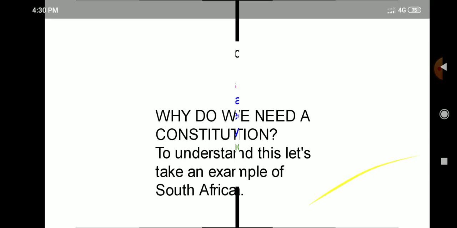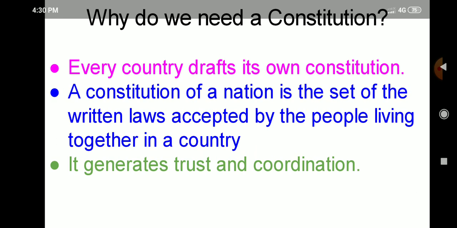So from this, we know this point. Let's see. Why do we need a constitution? We have a clear idea of this with the help of the story of South Africa. And from that, we know every country drafts its own constitution. A constitution of a nation is the set of written rules accepted by the people living together in a country, and it generates trust and coordination.